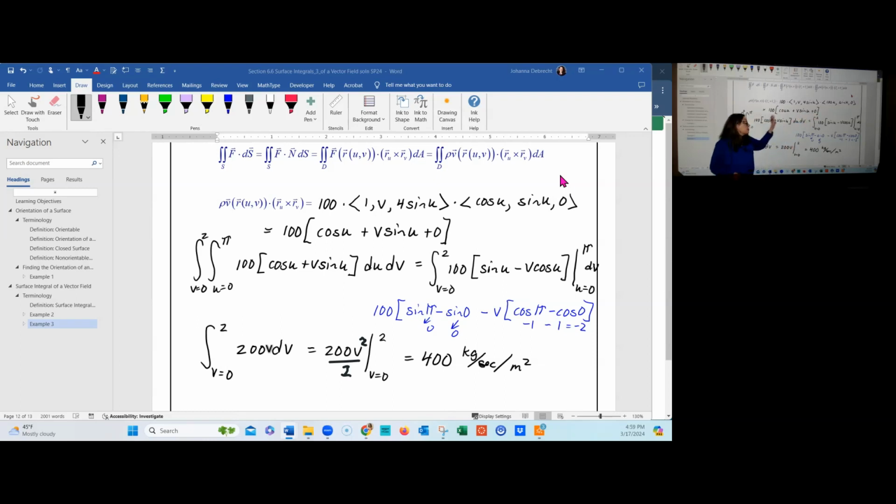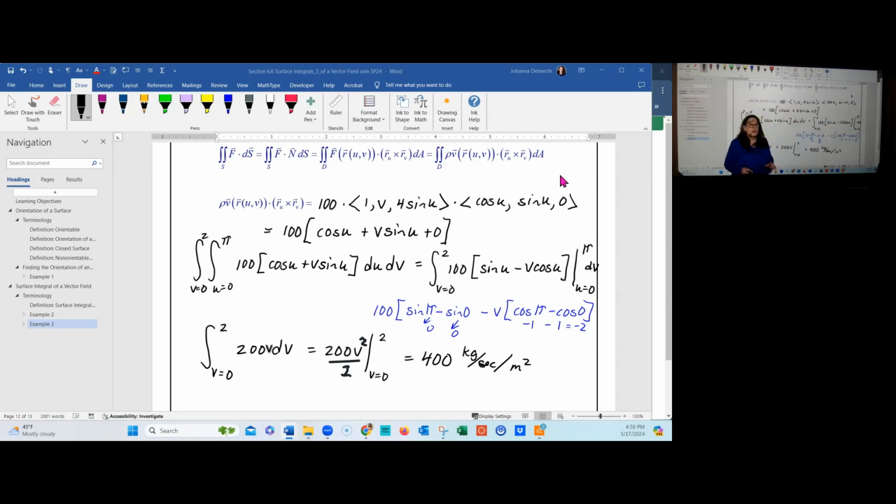When I multiply this by 100, I will come up with the integrand for my vector surface integral. When I evaluate this, I do it between u from 0 to pi and v from 0 to 2.